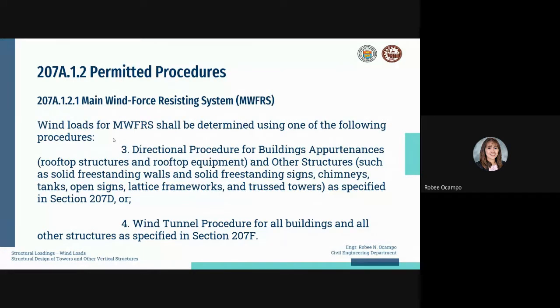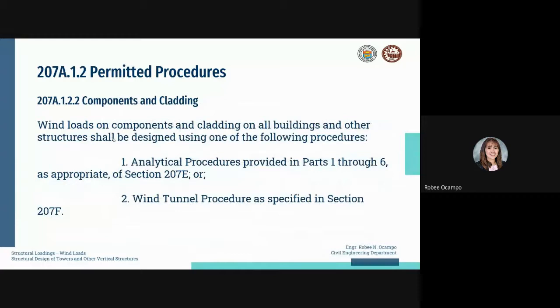So the general provisions which are used for all types of vertical structures. Okay? And lastly, you have the wind tunnel procedure for all buildings and all other structures as specified in the section 207F.